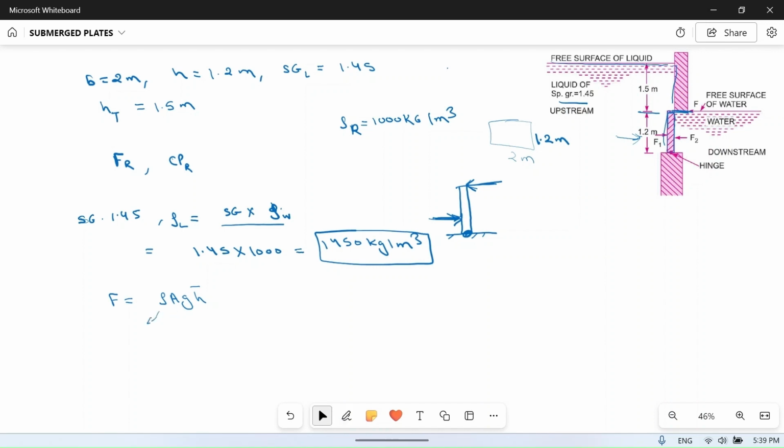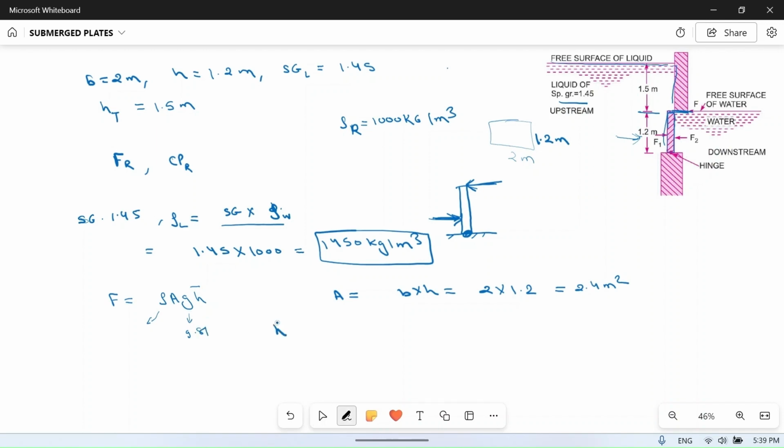A is the area of the gate, so A is equal to B into H, because it is rectangular. So 2 into 1.2 is equal to 2.4 meter square is the area. Now g is known to everyone, 9.81.